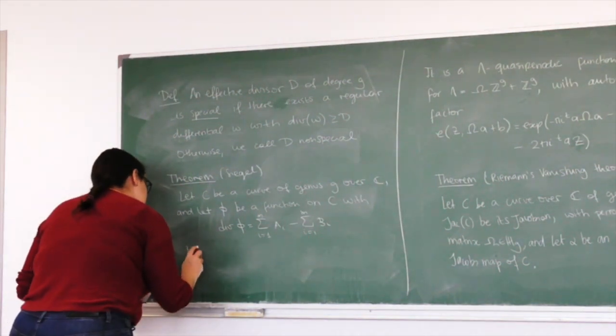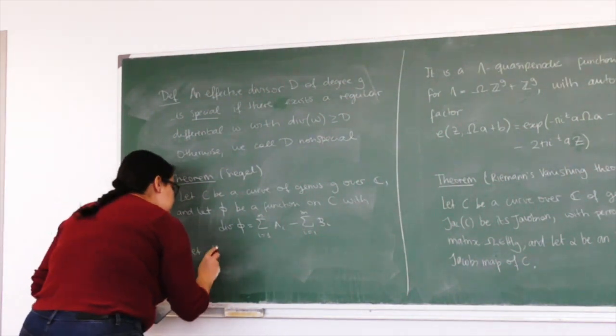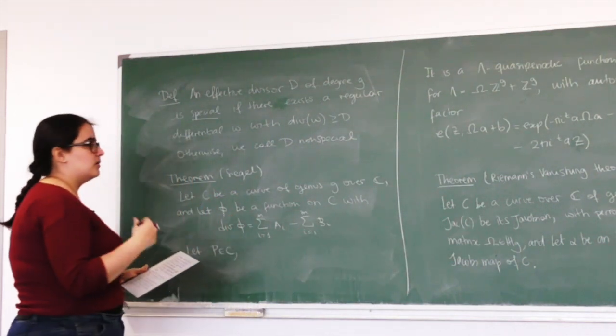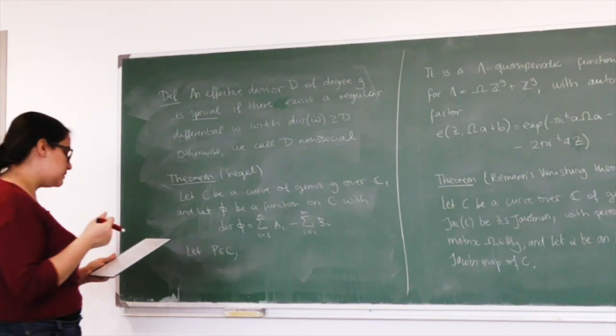Now let P in C be a distinguished point. This will be the point that we will choose for our Abel-Jacobi map.